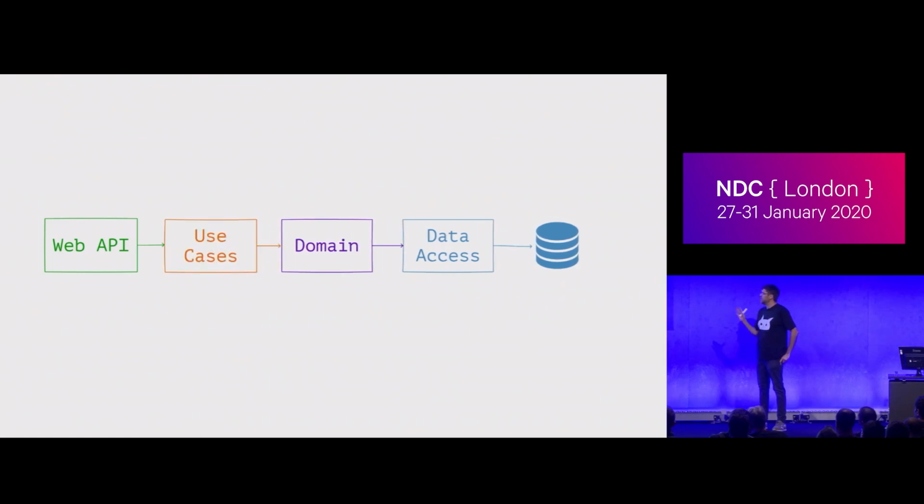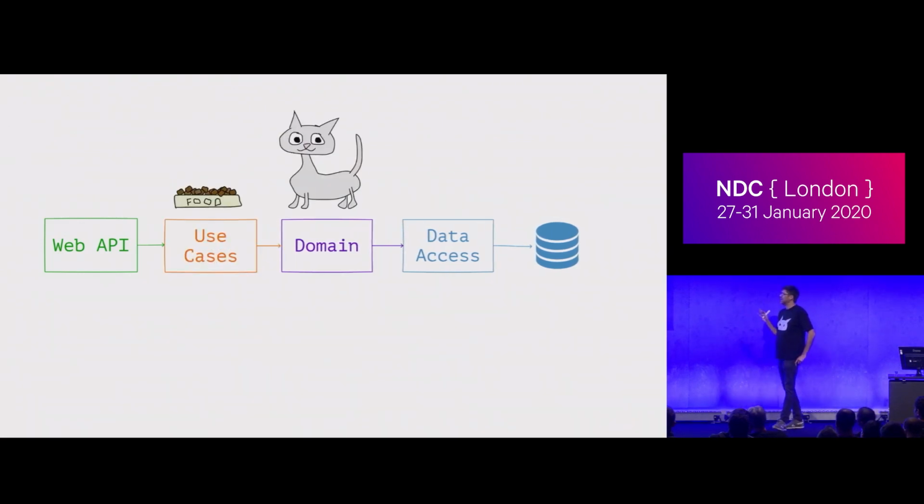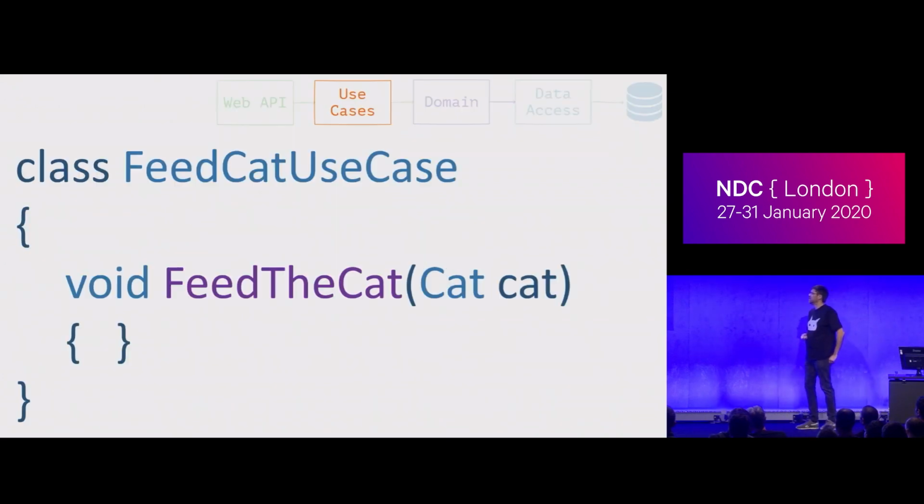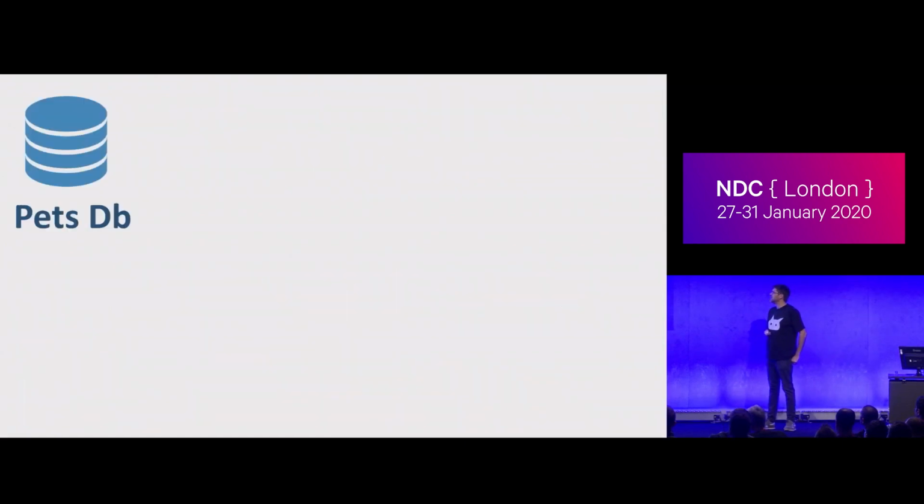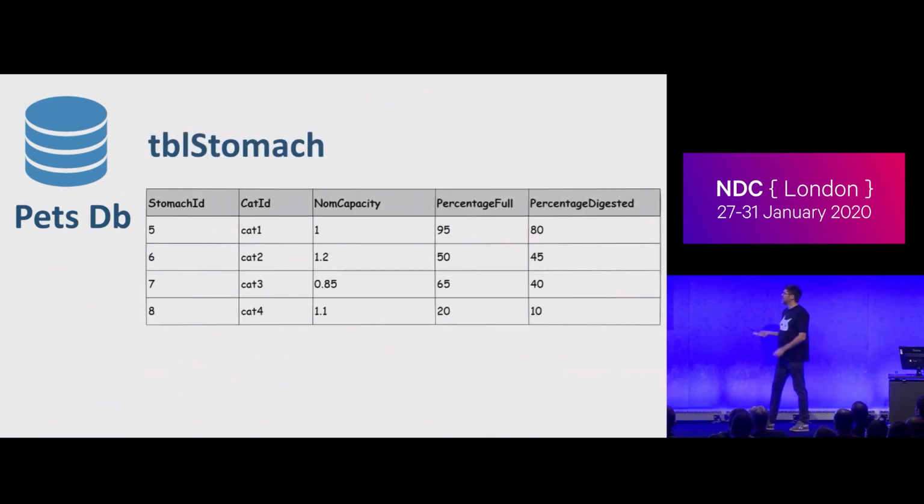We're also going to slot in a new place for use cases. When we feed the cat, we're going to do it in use cases, and we're going to leave the essence of cat alone in domain. So here's the feed the cat use case that we're putting in use cases. The other thing he was saying was that we hadn't managed to get that food into the cat's stomach. So we go have a look for the stomach table, and we find that in the database, and it looks pretty self-explanatory.